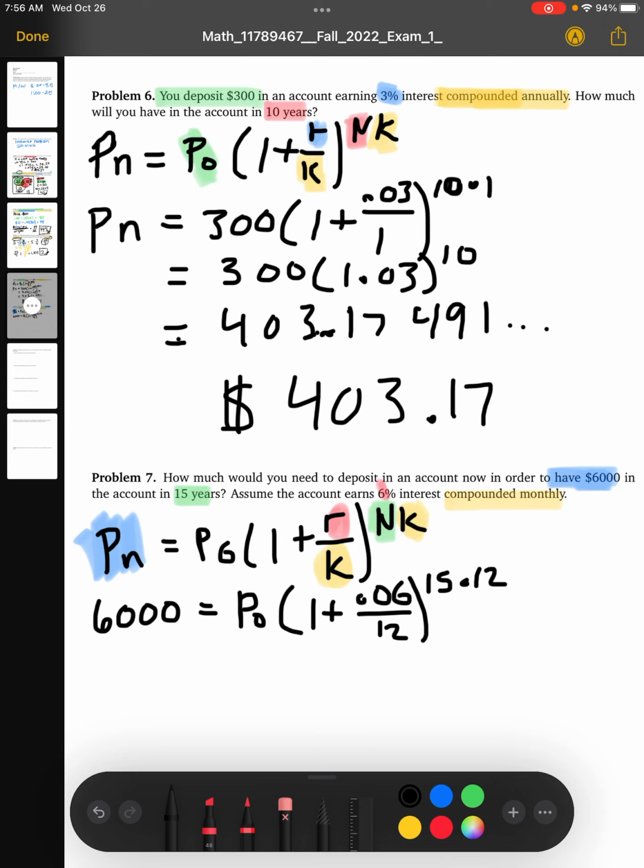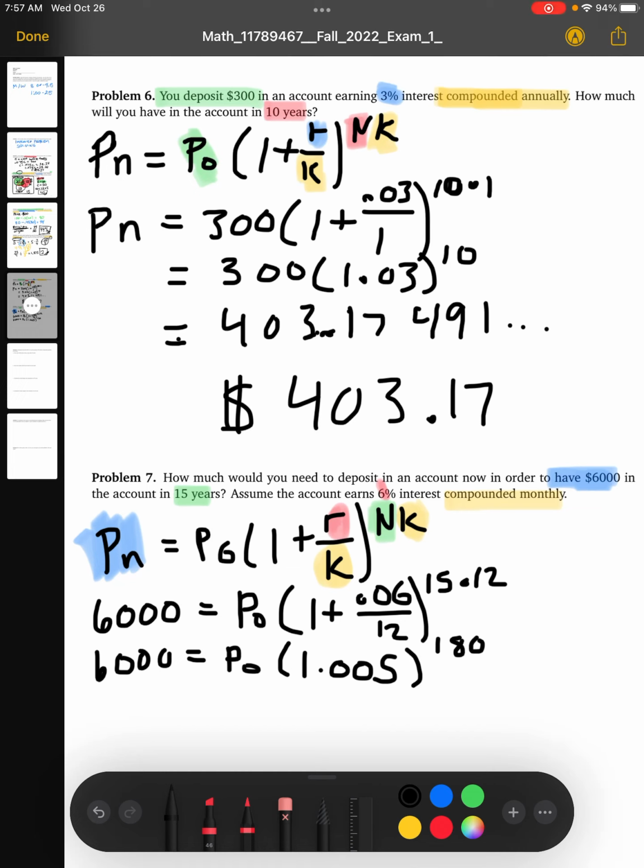My first step, I'm just going to clean some stuff up, okay? I'm going to take that 15 times 12. Just going to give me 180. I'm going to take that 0.06 and divide it by 12. So I get PO times 1.005 raised to the 180.